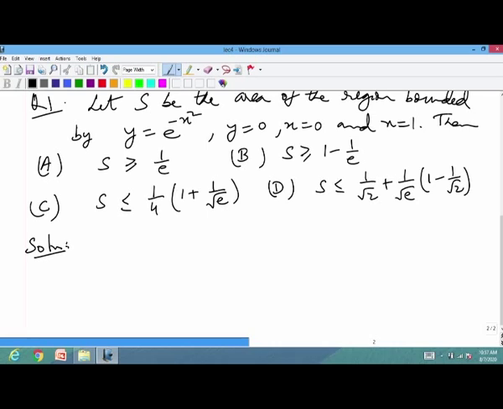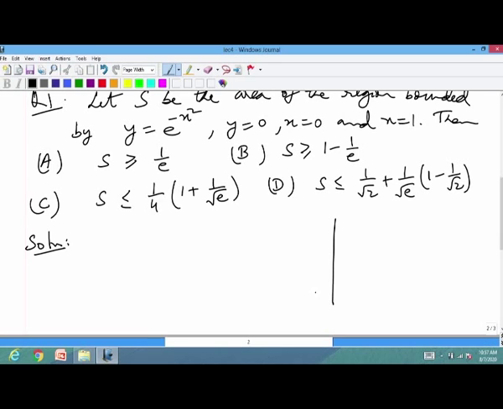So, let us try to solve this problem. Let us first draw the region. We have the xy axes and the graph of y equal to e to the minus x square. This looks like this, and at x equal to 0, the value is 1 and it keeps on decreasing as x increases.